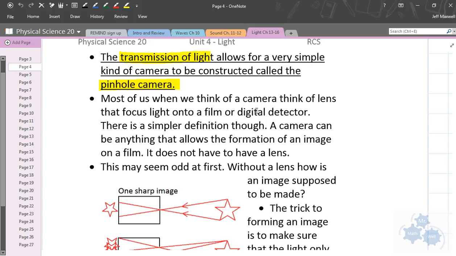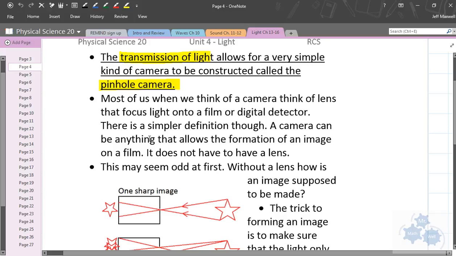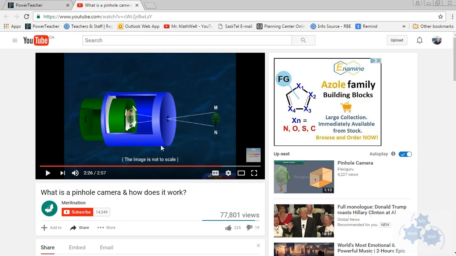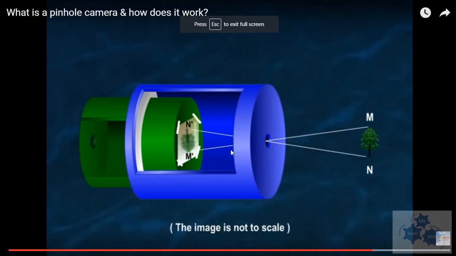That's basically moving the lens further from or closer to the viewer. In a pinhole camera, you can slide this inner cylinder in closer or further away to sharpen up the image. But there is no lens that's refracting the light.